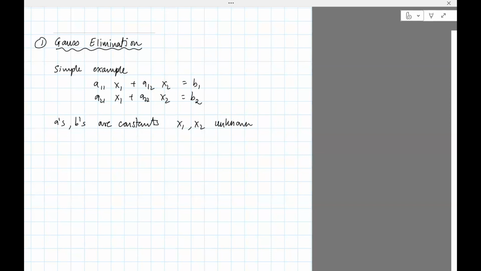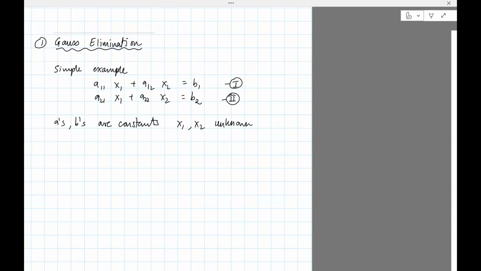Now, whatever we do, we want that to generalize to, imagine, 100 equations and 100 x's. How do you solve that? So this method, which I'm going to talk about, can be extended to higher dimensions.